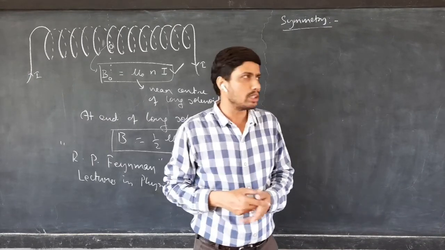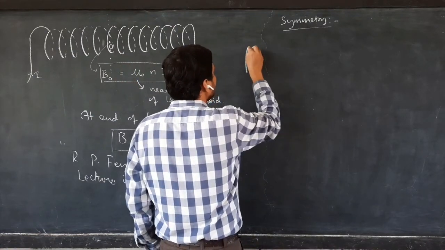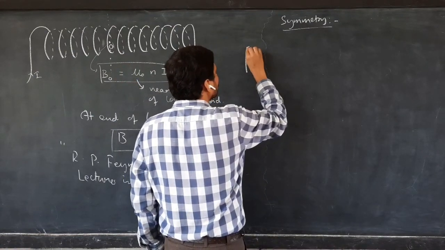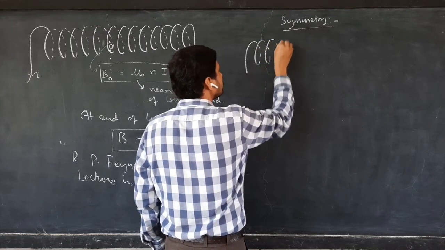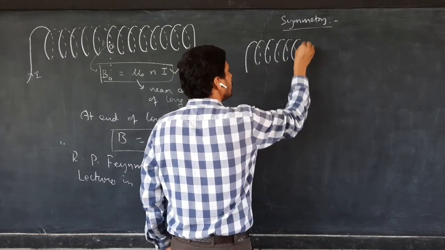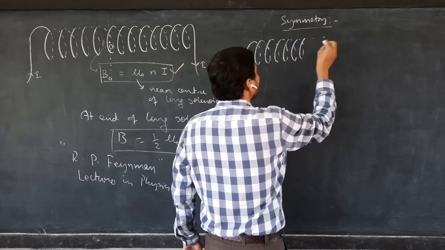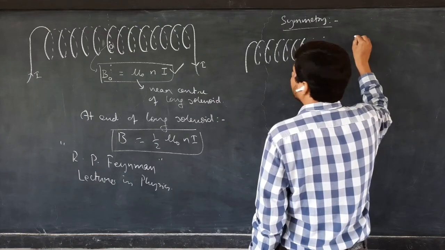Infinity by 2 is infinity. After dividing into 2 halves, I'm drawing the parts again. So this is one part. This will continue like so, and the other part will be something like this.